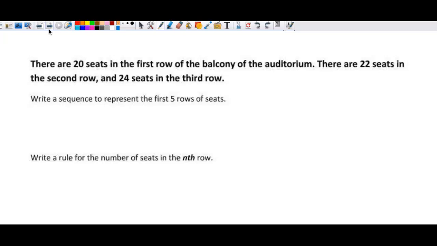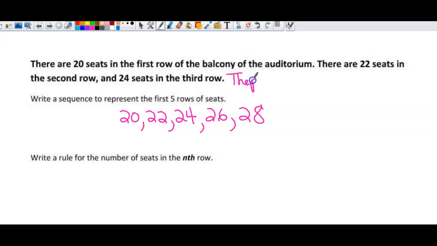So, 20 is the first row, 22 is the second row, 24 is the next row, and it probably should have said, keep that pattern up to write the first 5 rows. 26, 28. So the pattern continues to increase by 2. So there's the first 5 rows.